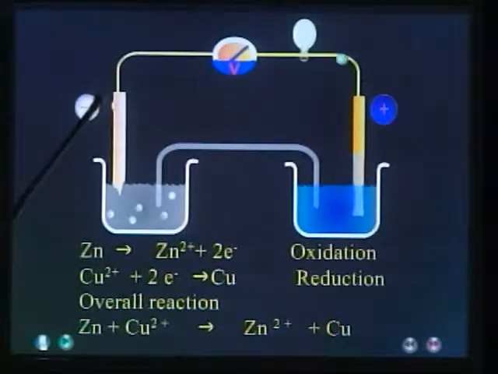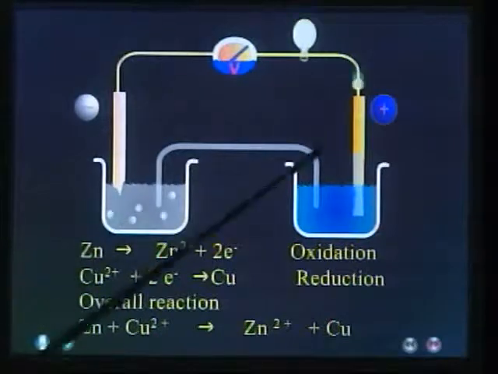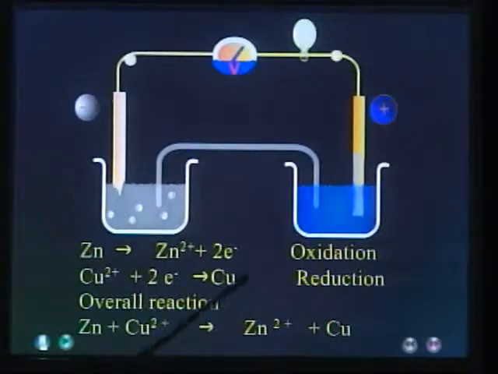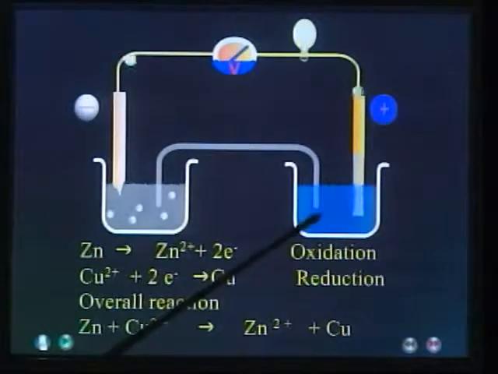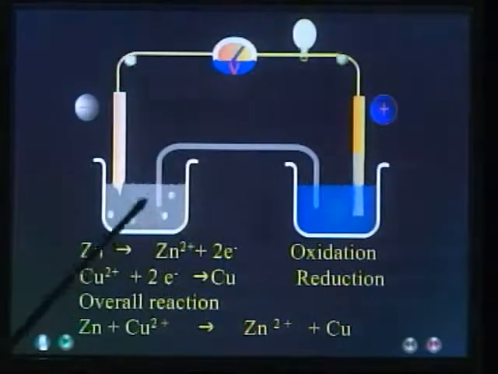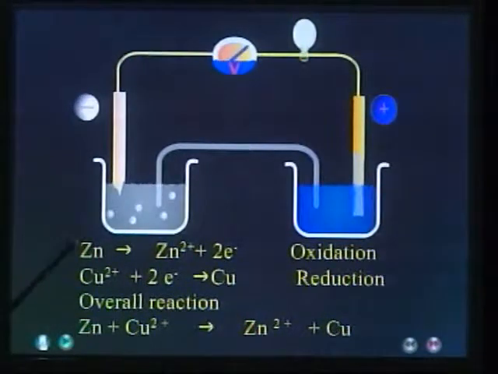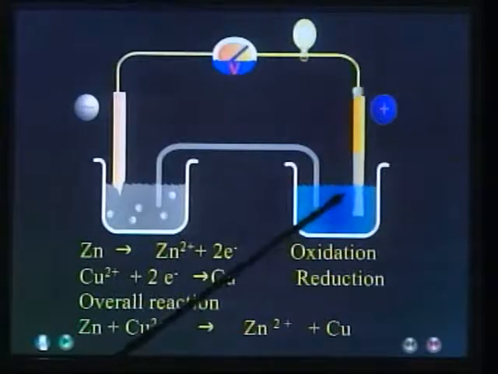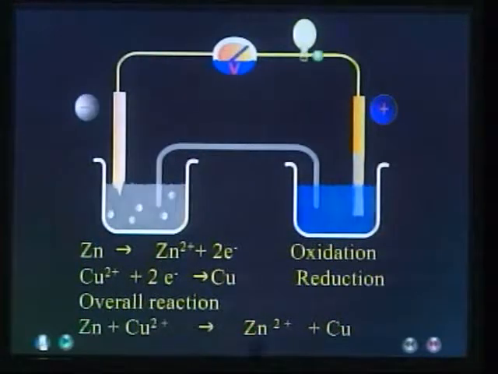The electrons come out through the circuit and enter the second compartment. The electrons are taken by copper ions in the second compartment and copper is deposited on the copper rod. These two reactions are also seen from the decrease in weight of the zinc and increase in weight of the copper sheet in the cathode compartment.